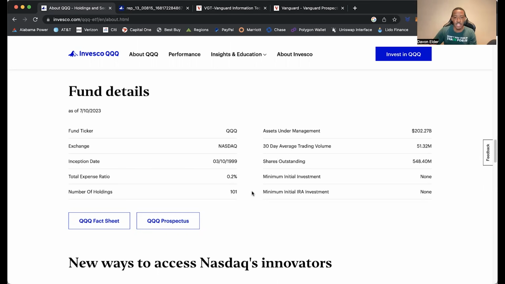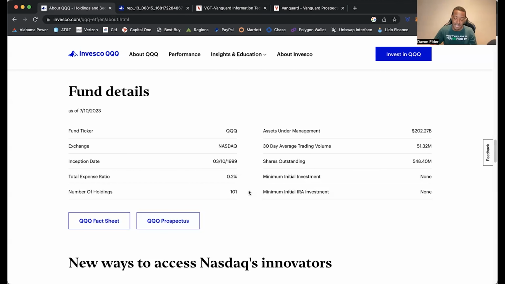Now that's very, very important, because this particular ETF does not house just strictly technology. You have other sectors in the stock market that are housed in this particular ETF, which could be very, very important to you when you break everything down and you put everything into consideration.